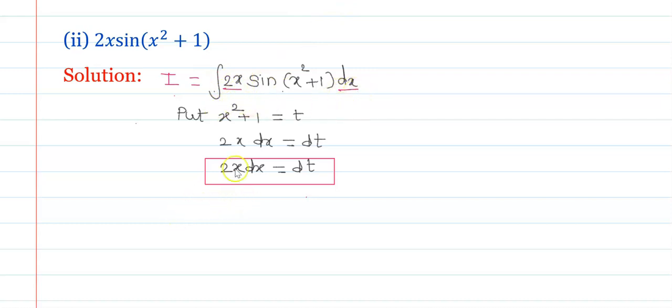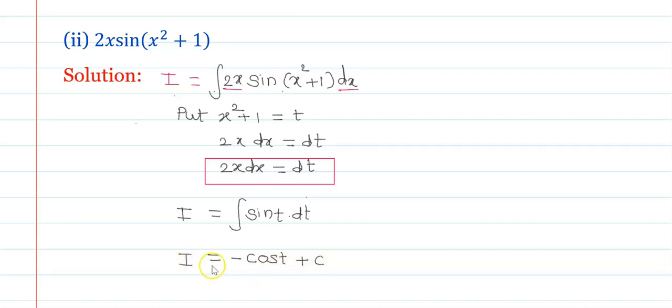And therefore, your integral will be I is equal to the integral, this 2x into dx is dt, and here sine of t into dt. And therefore, its integral is minus cos t plus c.